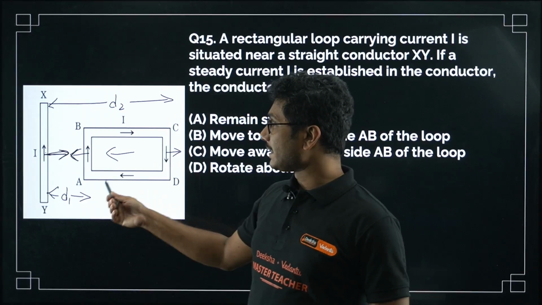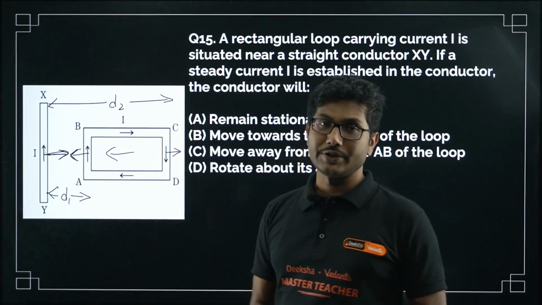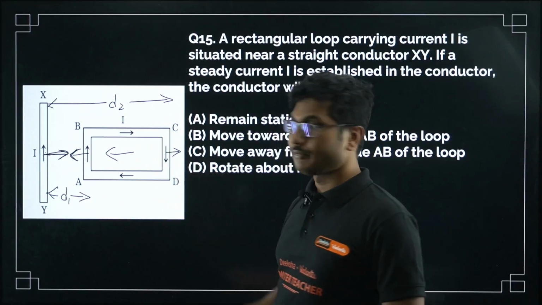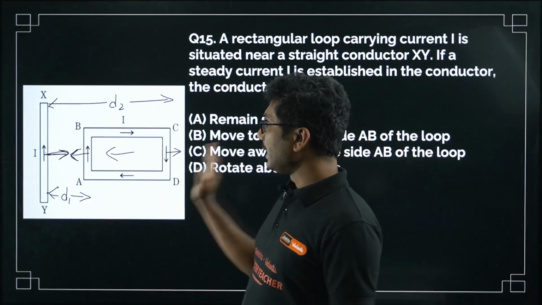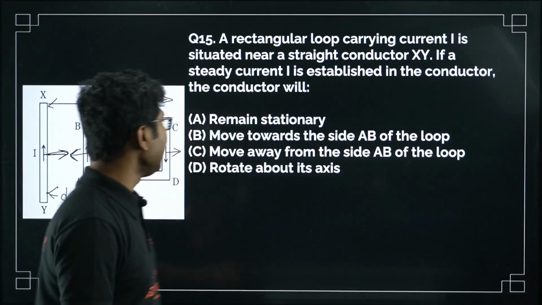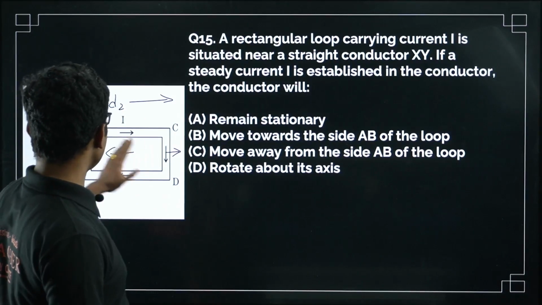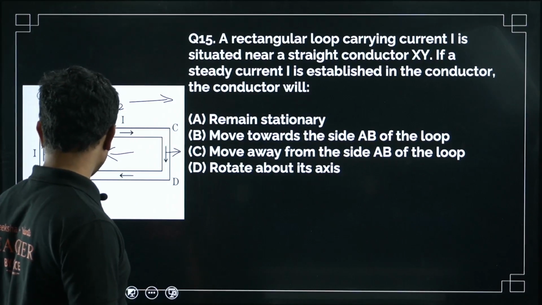Because of this, it will experience a force in this direction, and this will experience a force in the opposite direction, but the net force will be towards the conductor. So it will move towards the side AB of the loop.